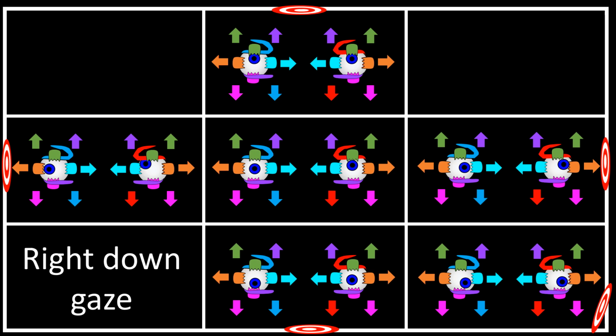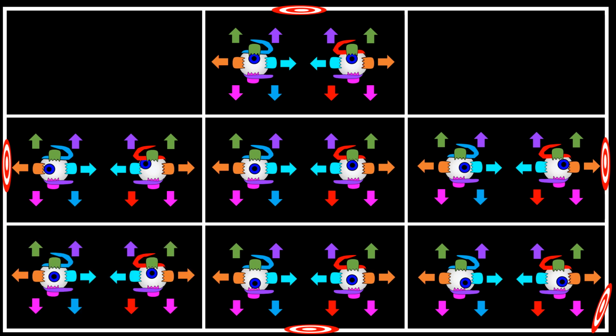Now we will start analyzing the right down gaze. I have now introduced a representation of the eyes in primary position to explain the changes that occurred when looking down and to the right. The right eye, being normal, moved to the lower right corner.